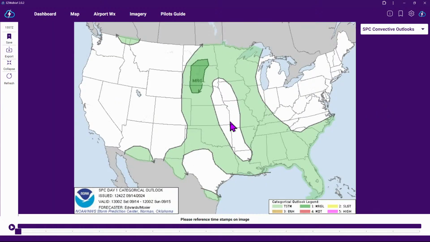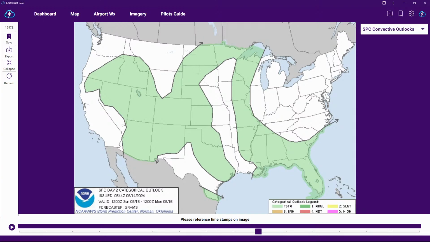Storm Prediction Center has convective outlooks. You notice that most of that is to the south here. So we have a situation where the southern part of this is where most of the convective activity is going to be. But that doesn't mean that we won't find ourselves bumping up against some of those more juicy cumuliform type clouds, which are not fun to fly through.